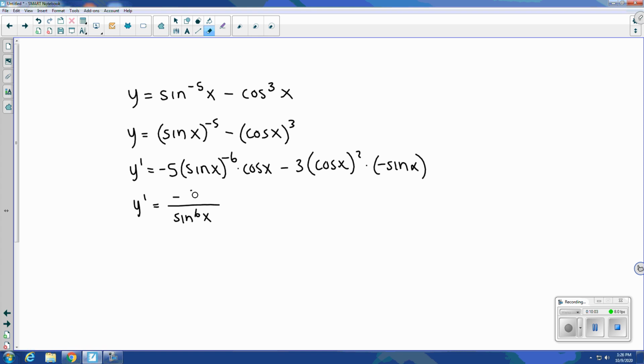Write negative 5 cosine x up top. And then plus, and when we multiply this out, that's going to stay up top, so we're going to have 3 cosine squared x sine x. And that looks like the best we can do.